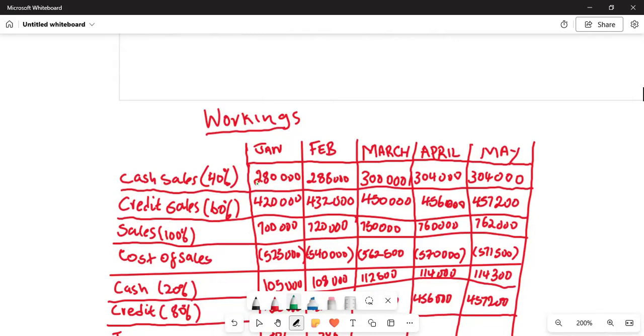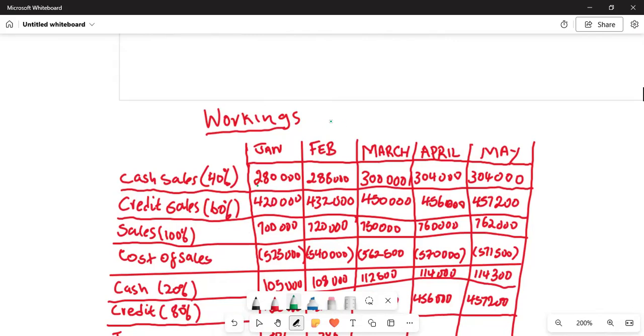So you don't know where these cash sales are coming from, but you know the credit sales because they are given as total credit sales. But where did we get this 280,000? That is very important for us to calculate.